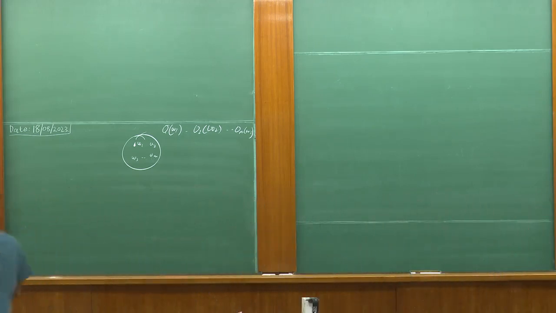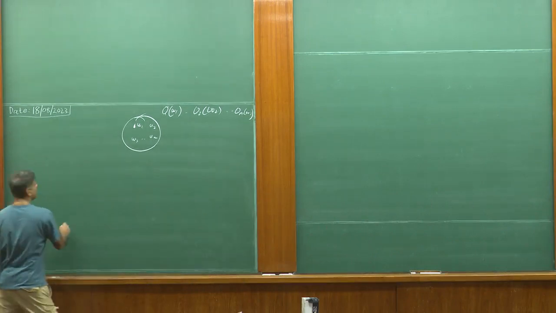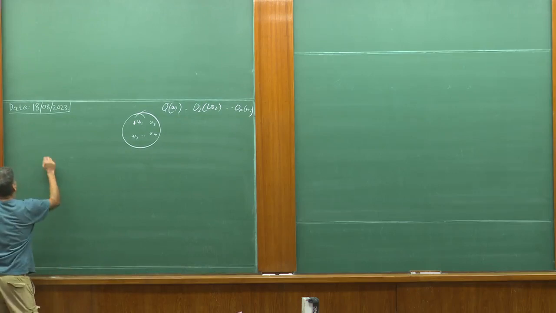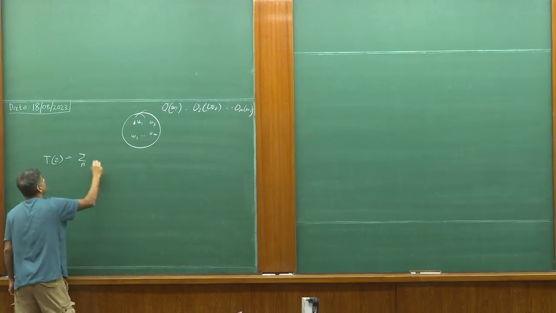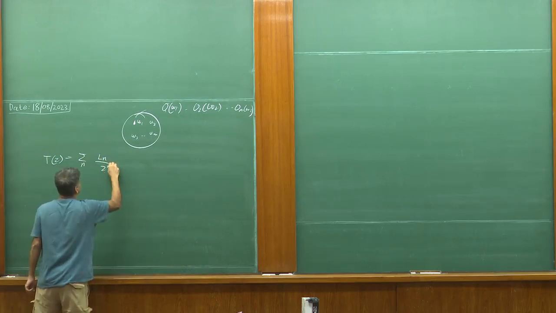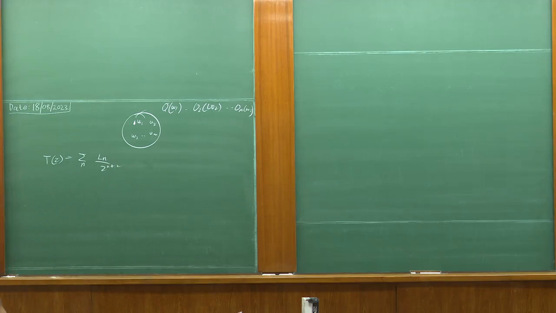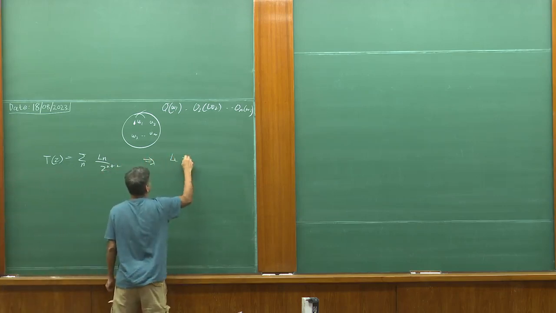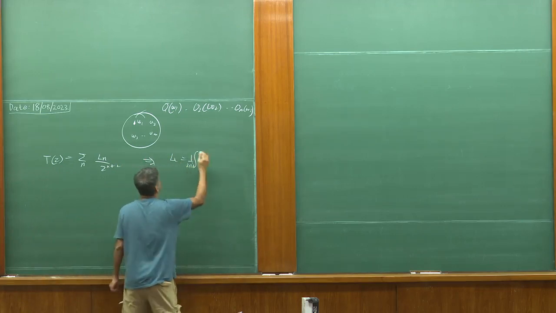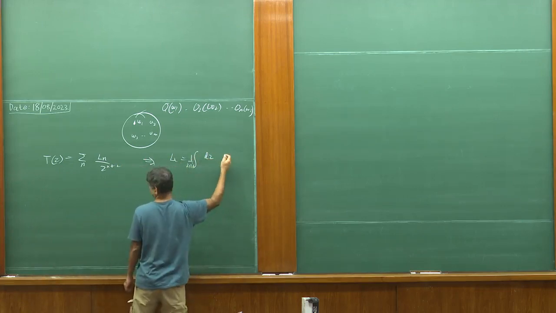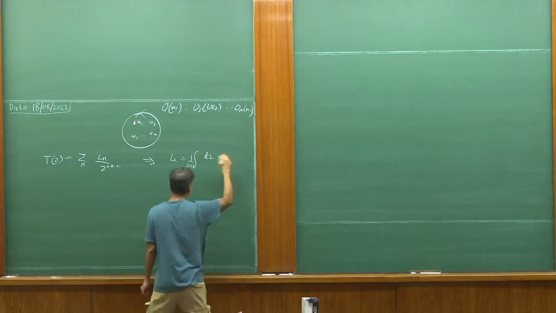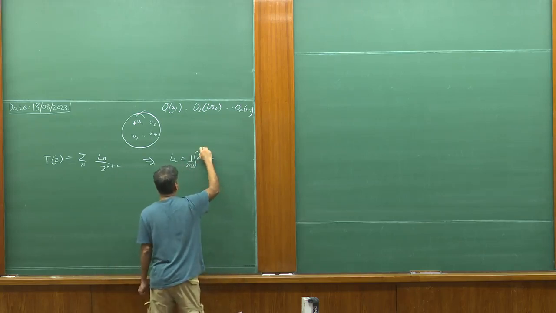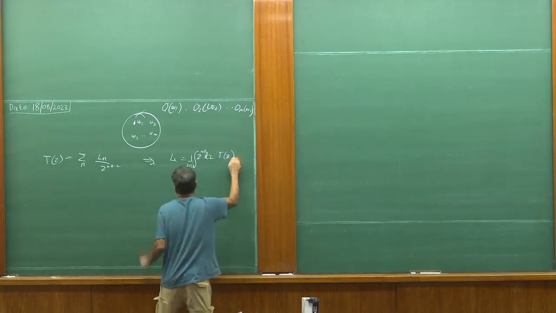Now what I'm going to do is the following. I'm going to remind ourselves that T of z had this expansion, the sum over n of Ln over z to the power n plus 2, whose inversion was Ln equal to 1 by 2 pi i, the integral of dz times z to the power n plus 1 times T of z.